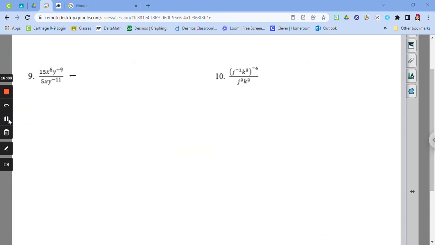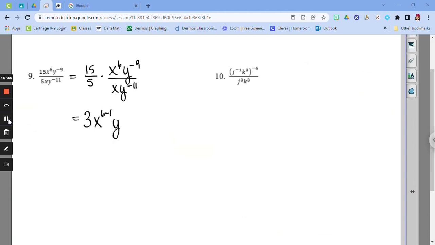So I'm going to look at 9 in terms of 15 over 5, and then my variables. Fifteen over 5 simplifies to 3. Okay. Now my variables. X to the 6 minus 1.